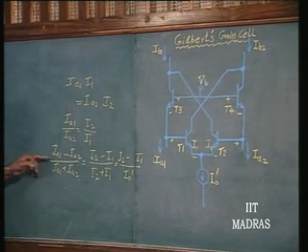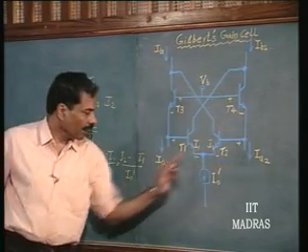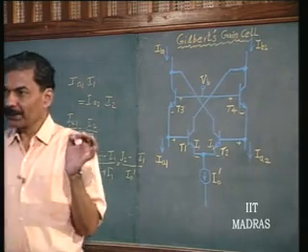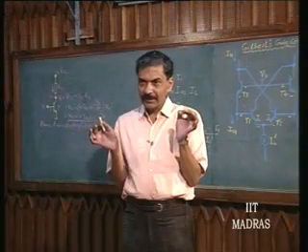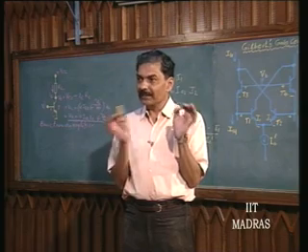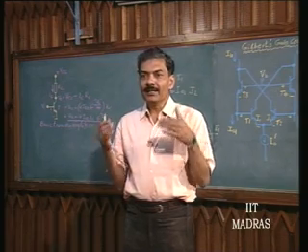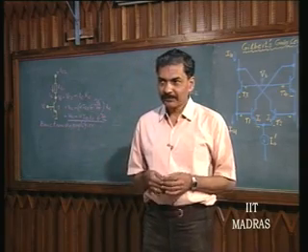If we say that IA1 minus IA2 is the differential input current, IA1 and IA2 are two input currents. Whenever we have two input currents, like in the case of two input voltages, we can have a differential input voltage. When we have two input currents, we can talk of a differential input current and a common mode input current.